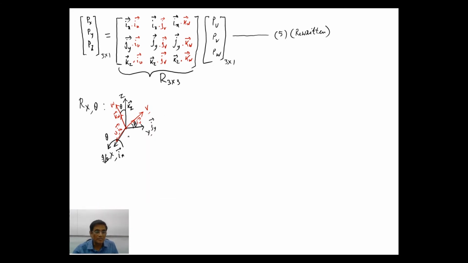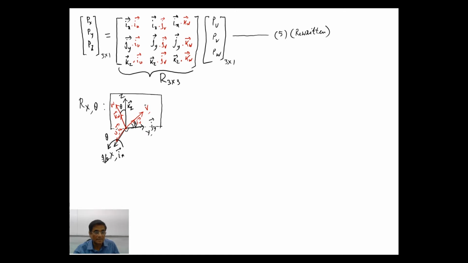Now, under this backdrop, one thing you must understand, that here the rotation is taking place in the YZ plane, and x axis is perpendicular to this plane. W, Z, V and Y, they are all in the Y, Z plane.